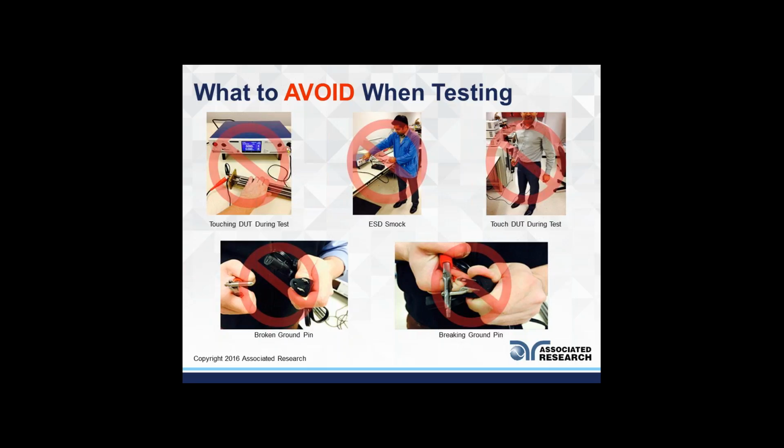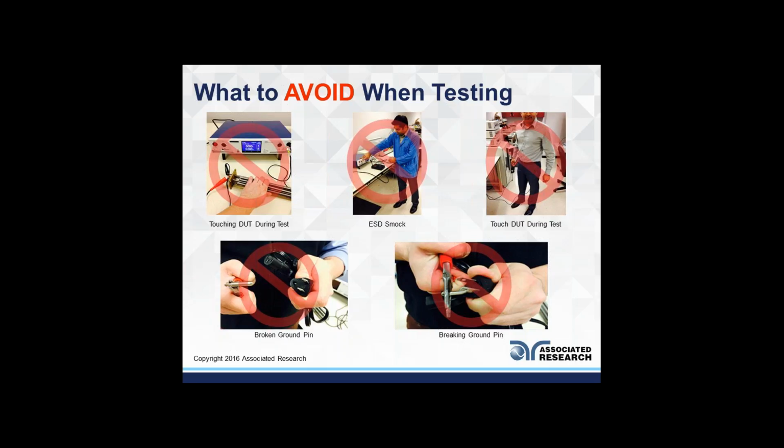If there was no ground available for the fault current, anybody that comes in contact with the DUT would become the path. So you want to make sure all your testing equipment and all your DUTs have their ground pins properly in place, and all the proper connections are made to the testers.